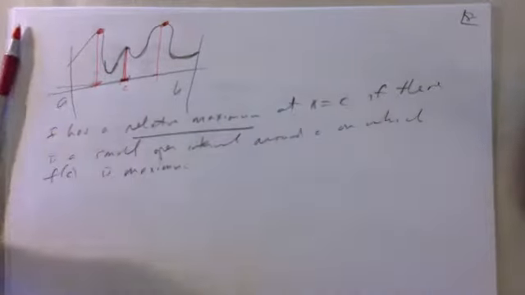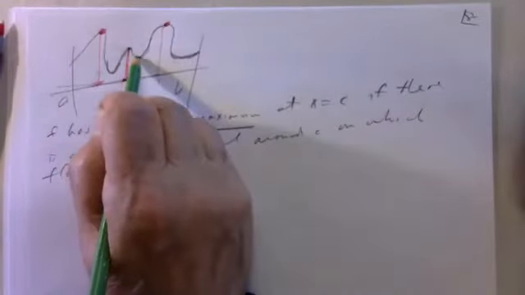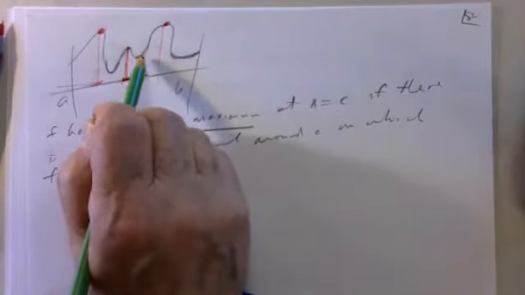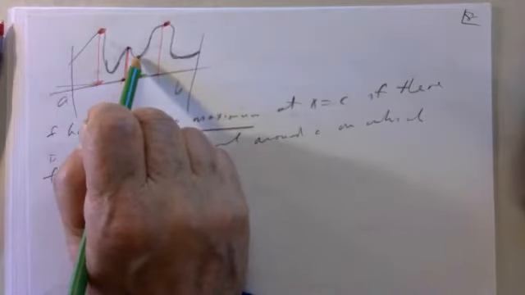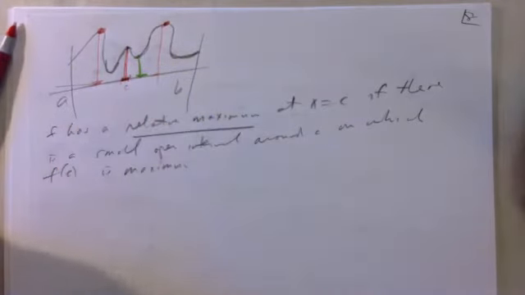And similarly, this point is a relative minimum because there's a little interval around this point x where this is the smallest value of the function on this open interval.